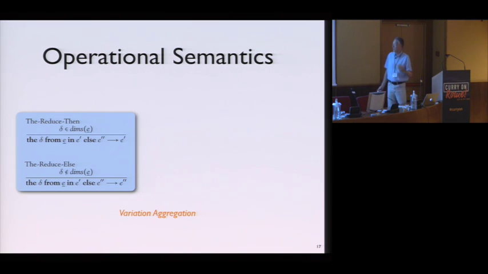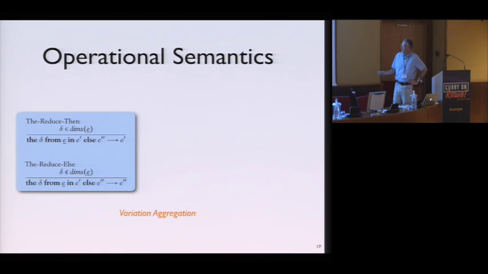There are also these four rules for variation aggregation. So if we want to query an expression for a dimension, and then depending on whether or not we find it, perform E or E prime, this depends on the variability in the argument. And we can note two things here. The first thing is that the argument here must be a value.